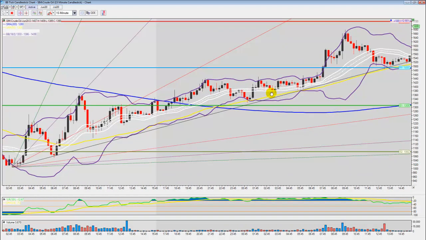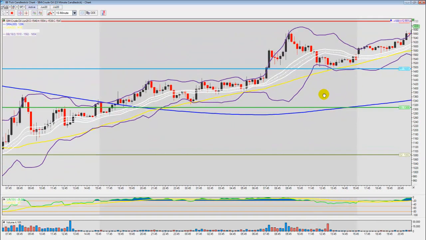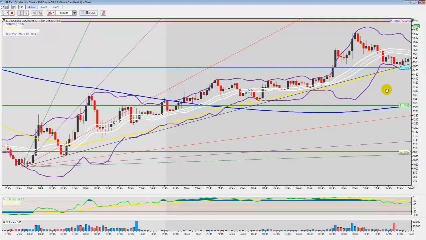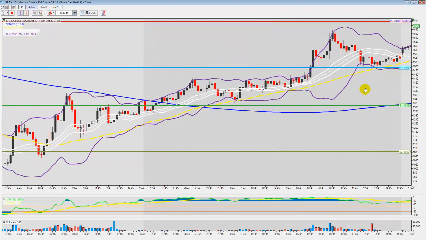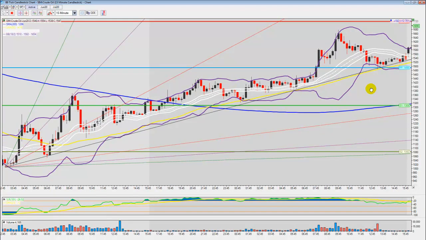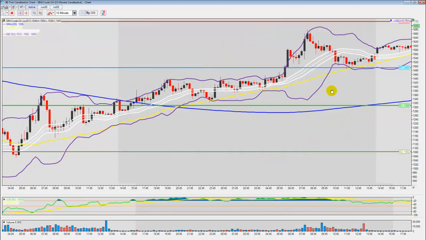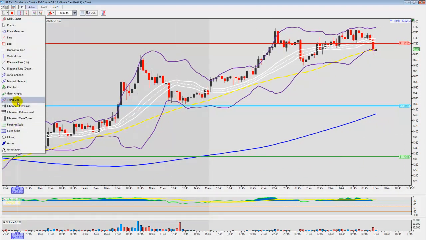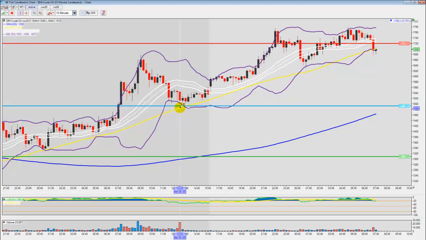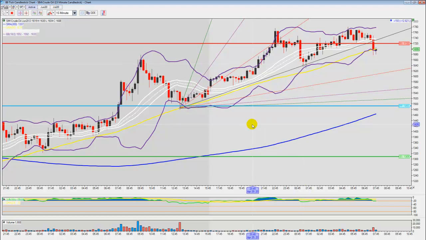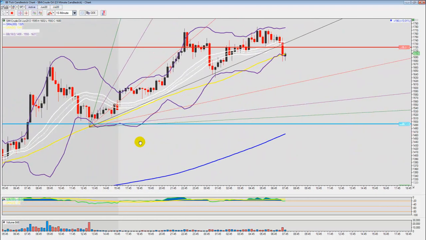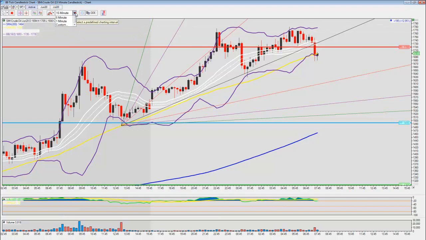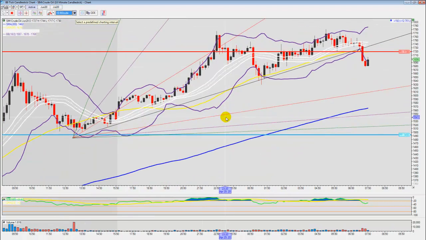Doesn't show it all the way though, it stops right around there. Hmm, 10 minutes.